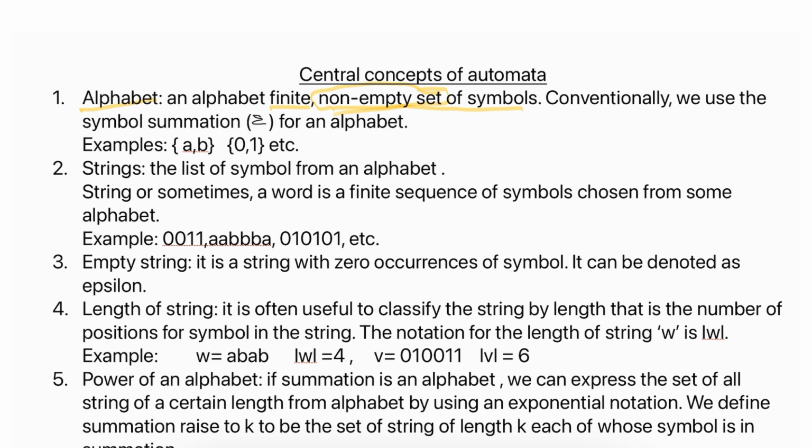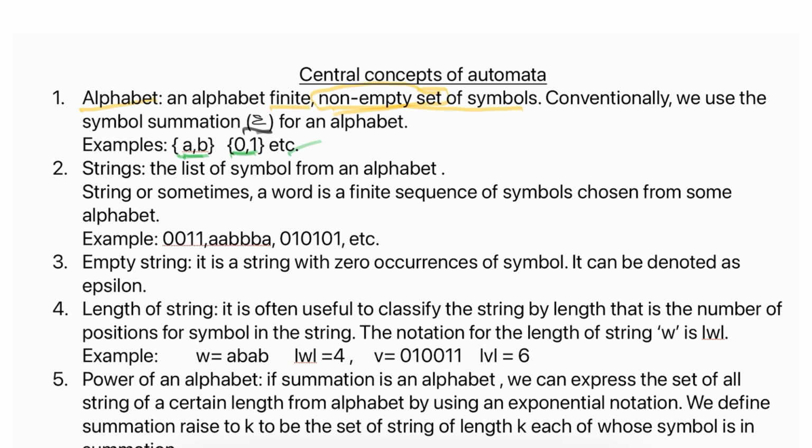An example of an alphabet can be the set of A and B, or 0 and 1, anything. Basically in our subject we are going to have alphabets in the combinations of A, B or C, and the combinations of 0 and 1, etc.